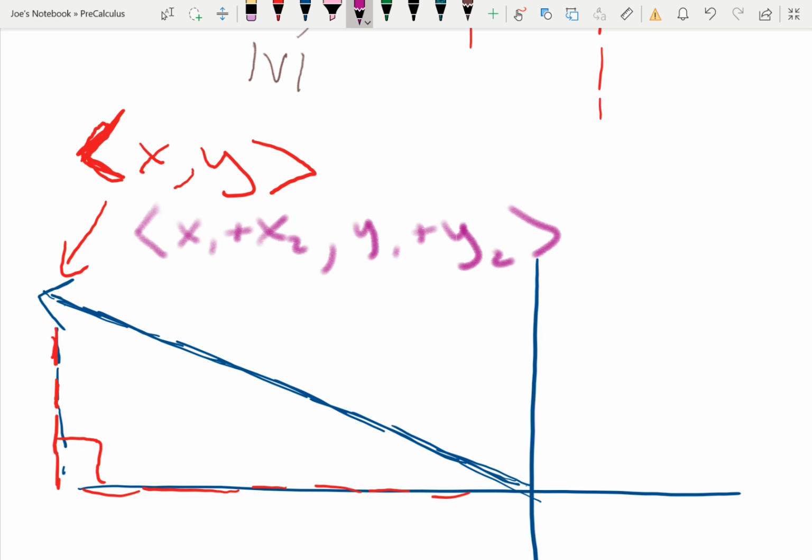Pythagoras. So we're going to use Pythagoras' theorem to find this fancy magnitude of the vector. Magnitude of the vector is just the hypotenuse. And then I want to find the direction angle. Go back to SOHCAHTOA and use my inverse tangent. And then we do it. Okay?